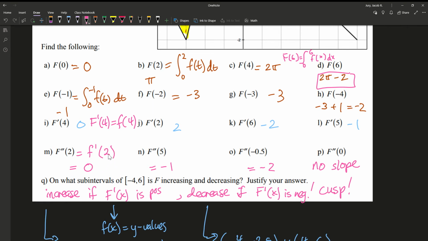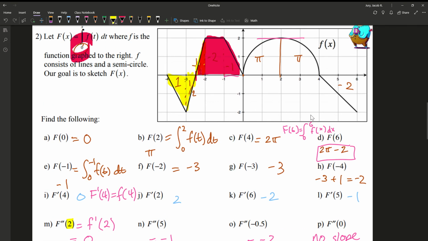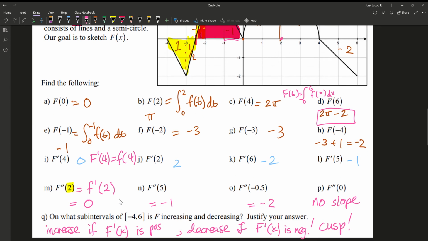So the slope of the original function is the derivative. So what's the slope of the function at 2? So I'll go to 2, and I'll remark this line up here. That's a slope of 0 at x equals 2.